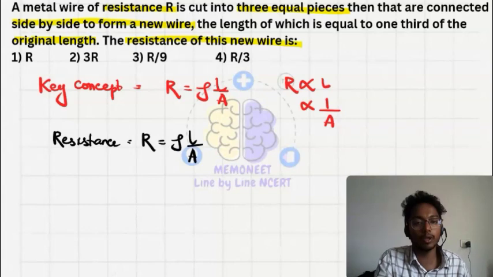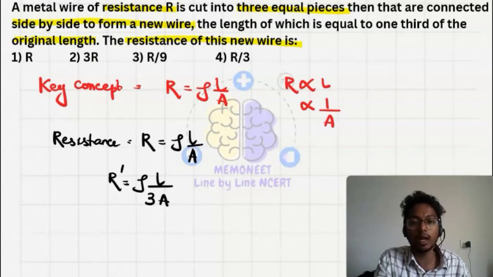Okay, so when we make it into 3 equal pieces, R dash is equal to rho L by 3A, since the length will be L upon 3. They are connected side by side to form a new wire.